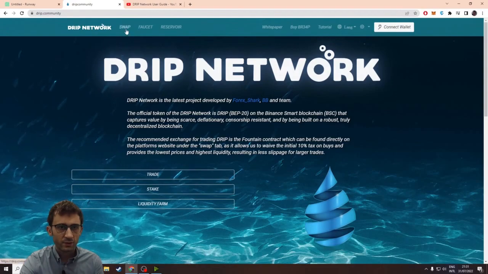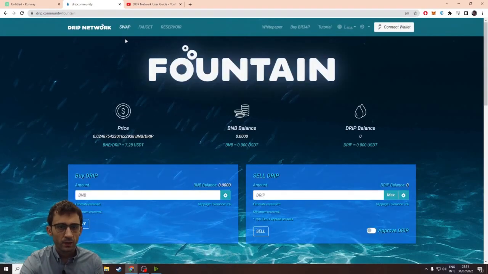But let's go across to their swap. Okay. So there's a 10% tax on sell, but there's no tax on buy. I don't understand why they're getting people to buy through their website. I don't trust that.